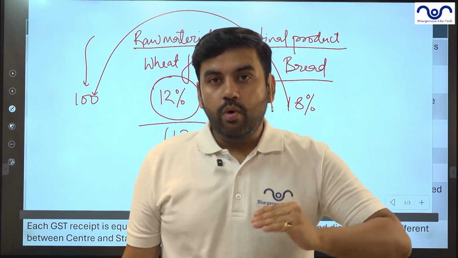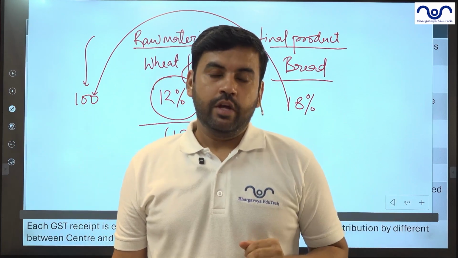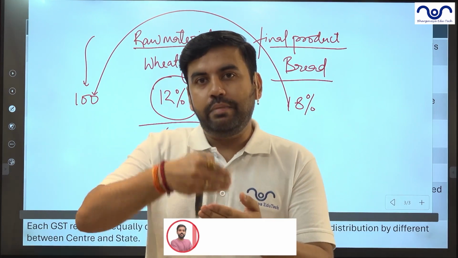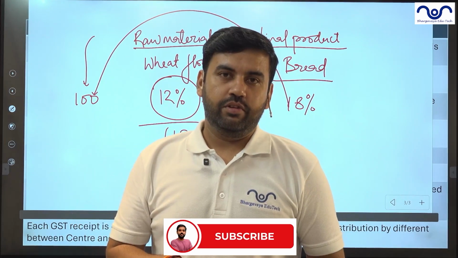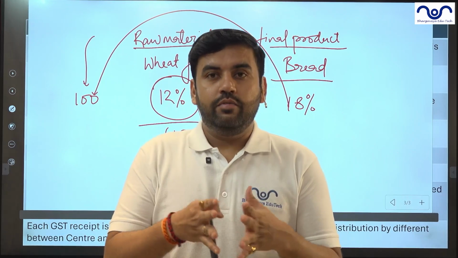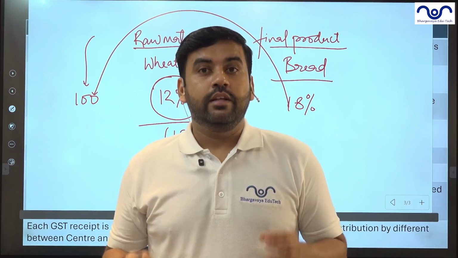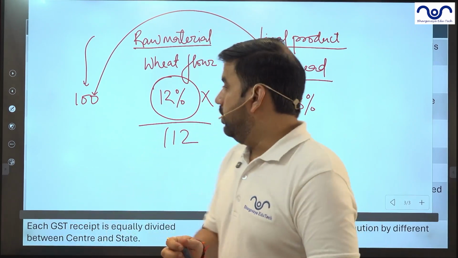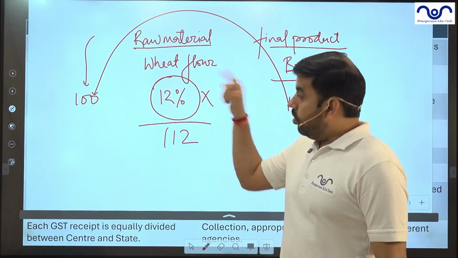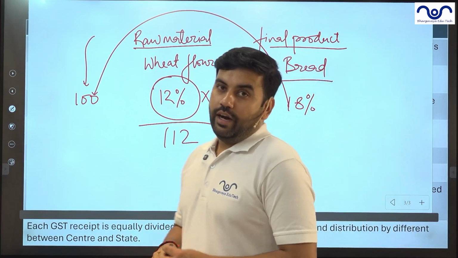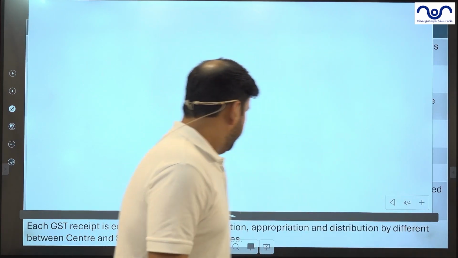So the more value addition is being done, the more will be the GST, and whatever tax was paid on the inputs by a particular seller, producer, manufacturer, service provider, that will be given back to them. This means the cascading effect will not be there. So tax on tax, this 18% was a tax on 12% tax already paid. So this will be avoided under the GST regime.